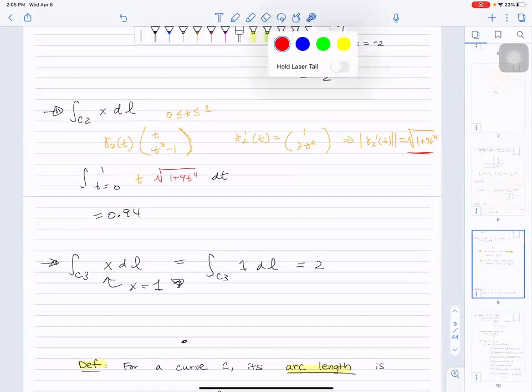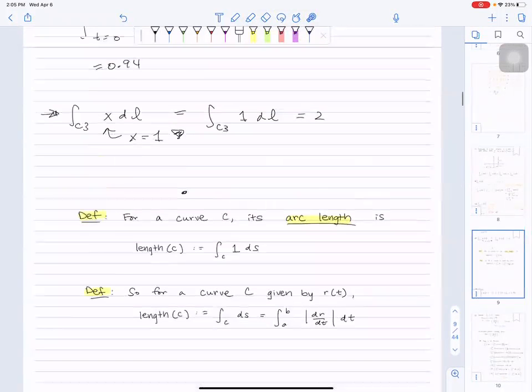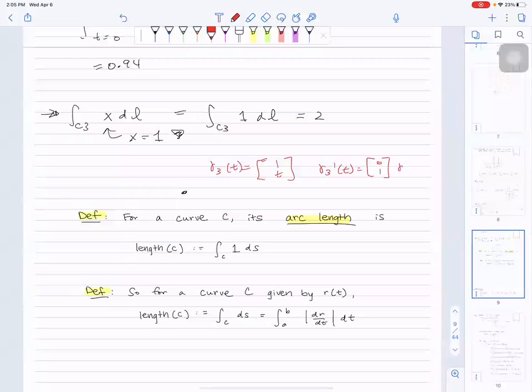Or if you wanted to actually do the integral, we can still parameterize it. The third path is going to be 1, t, and this derivative is 0, 1.